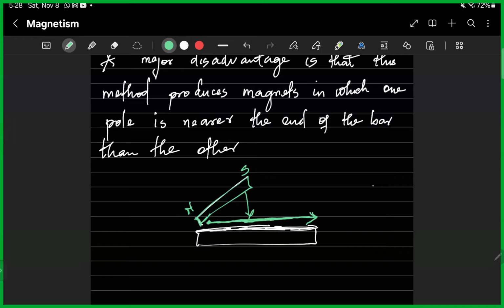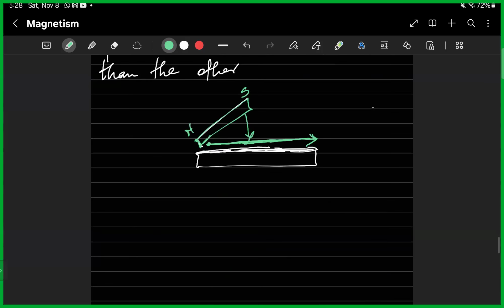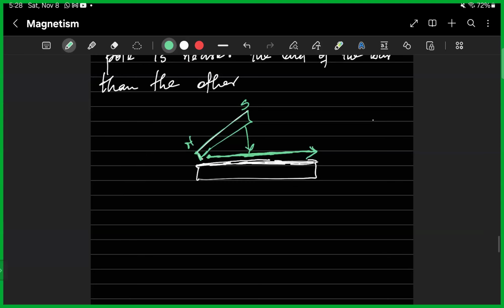Then I lift that side. That's just the single touch method. So only that one side I will touch. I'm not putting this other side down, so that's not happening. Now that part is lifted. So I just stroke like that and I'm able to get what I need.